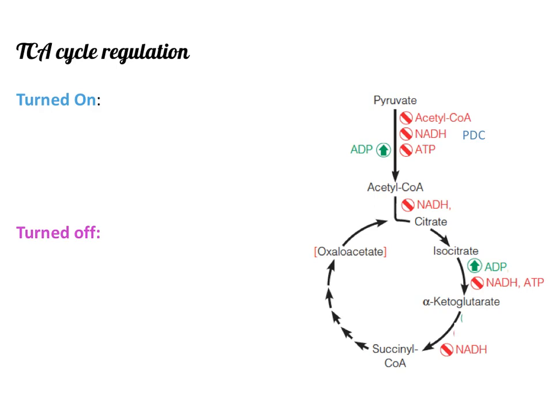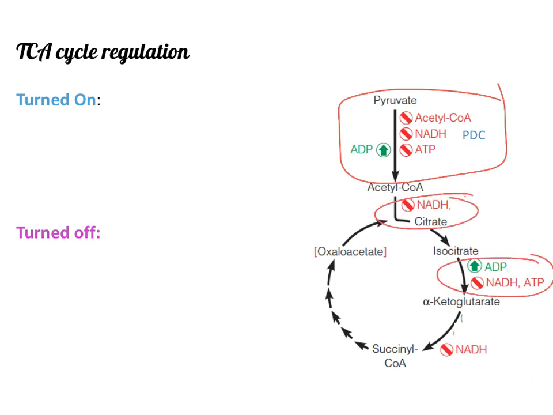Okay, TCA cycle. Again, the PDC is up here as kind of a recap of the things that inhibit the PDC. What I want you to notice about the TCA cycle is that we're only looking at the 3 irreversible steps right here, and I've tried to white box out some of the things that you don't need to know.